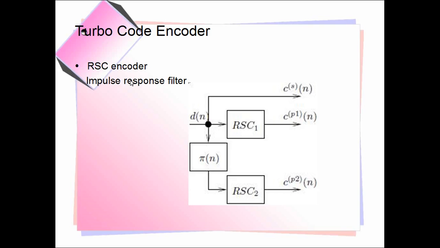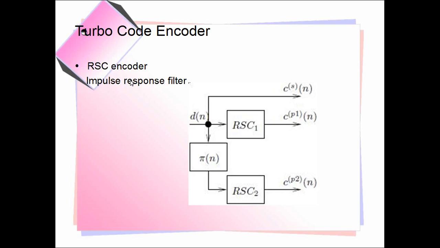The first part goes directly to the output, and the other part passes the recursive architecture, which means the output will feed back to the input to join the encoding.